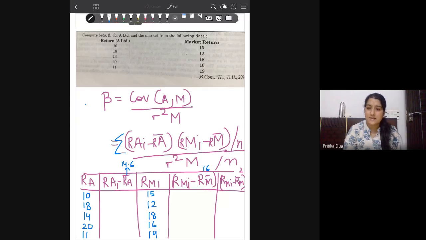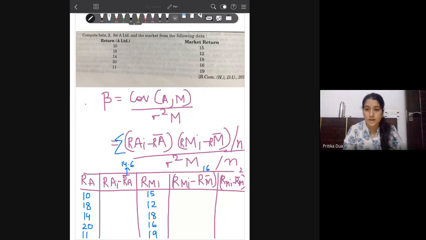You can cancel n, but आपको covariance का जब आंसर देना है then it will be minus 4.2. Okay, so just make sure that when you are asked the covariance specifically, you do it in that manner.